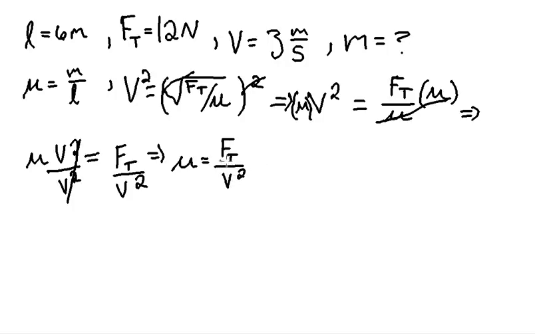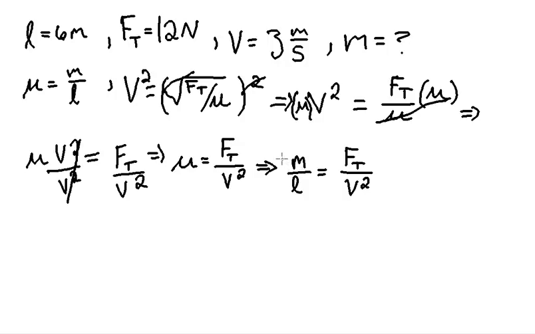All right, so right now we do have numbers to plug in here to solve for what this is. But I'm going to get done with the algebra right away. Instead of putting mu here, let's put what mu is equal to. It's equal to mass divided by length. And that must equal the quotient of the force of tension divided by the square of the velocity.